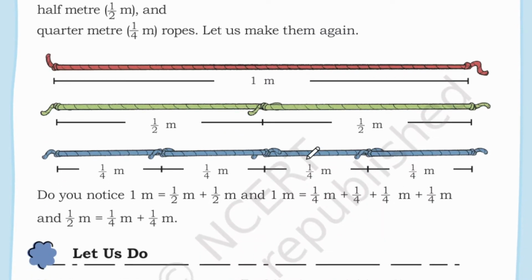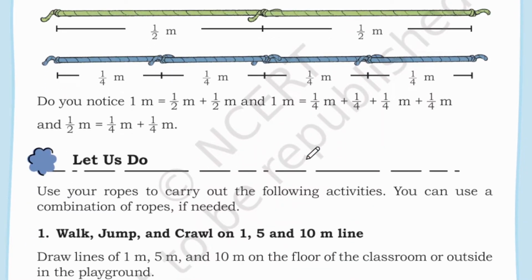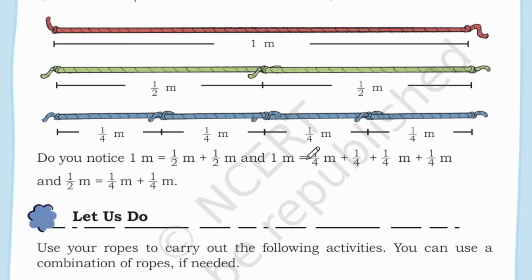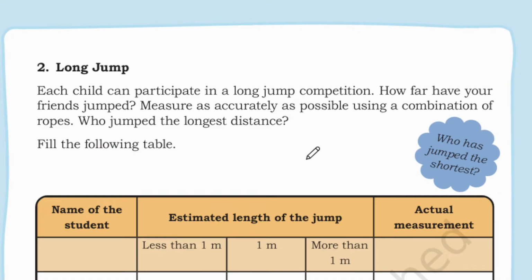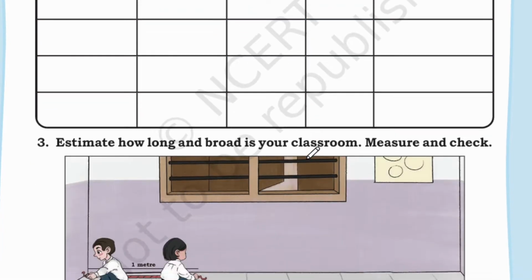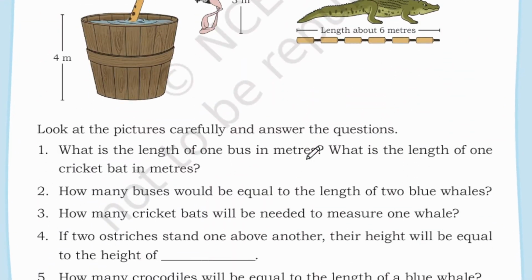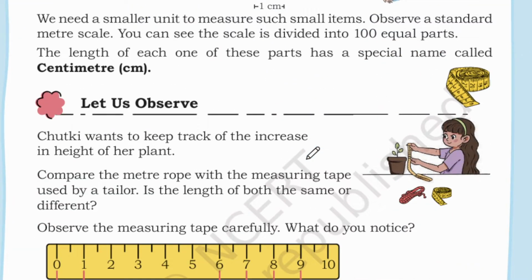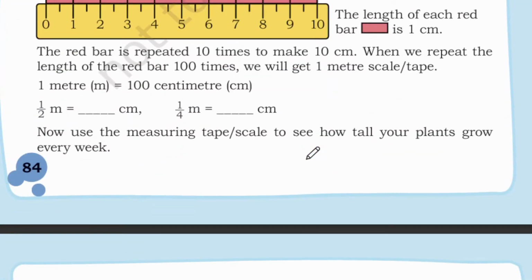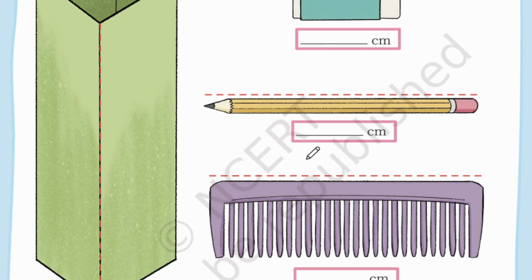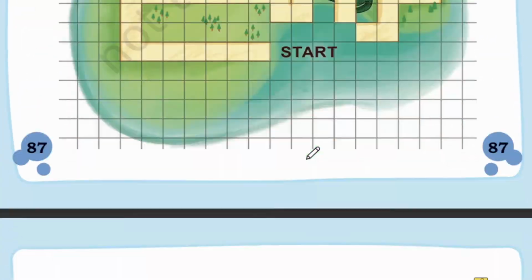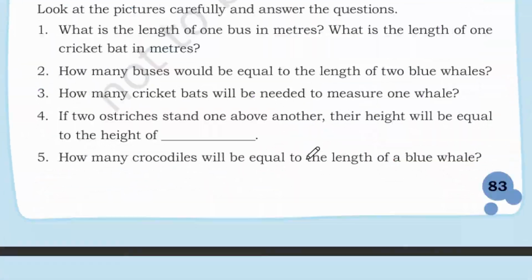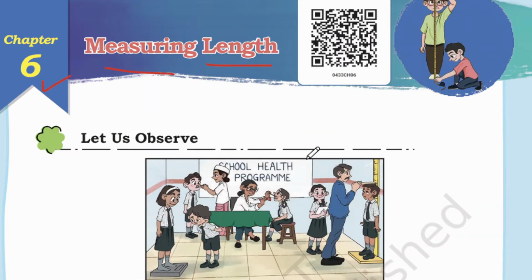Mostly we are going to see meters, half meter, quarter meter, and how to differentiate between 1 meter, half meter, quarter meter, centimeters, and how many centimeters are equal to 1 meter, and what other units there are to measure, for example kilometers and yards. I'll be dividing this chapter into multiple parts so that it will be easy to understand.